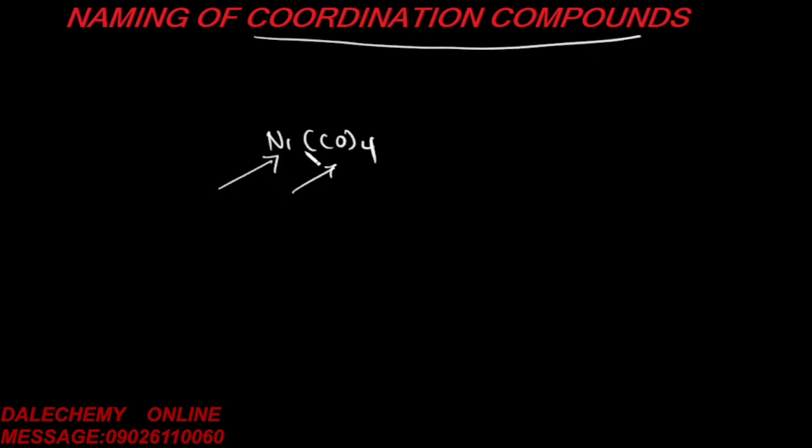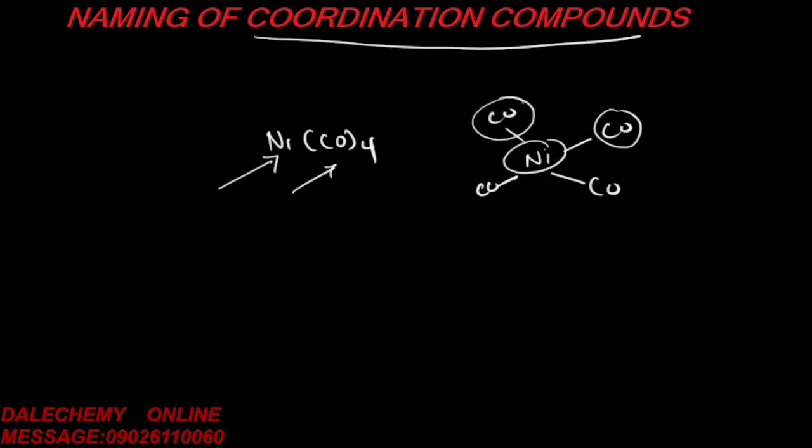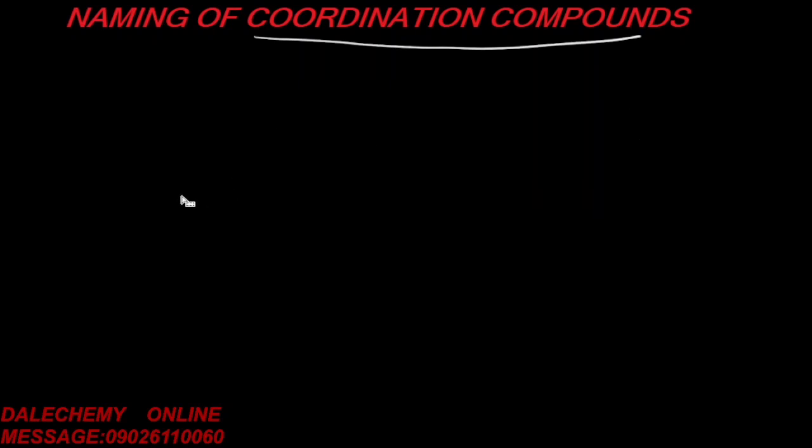This one is not really an ionic compound, it's a coordination compound with CO, and CO is a ligand bonded to a metal. So you have to name the ligand first before you mention the name of the central metal ion. That's what the second rule is talking about.